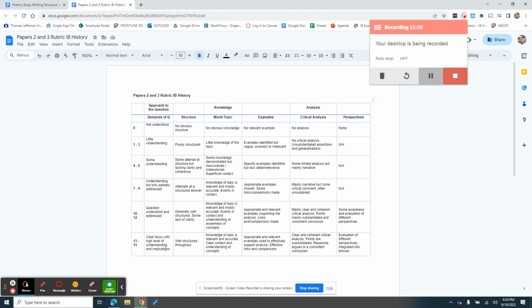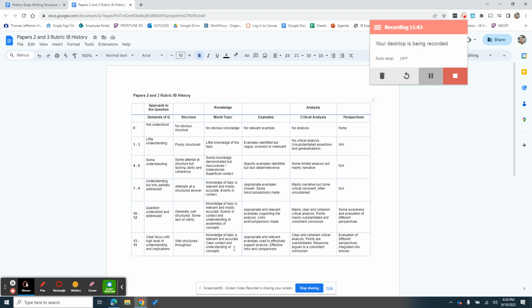Everything is directly focused on the question that has been asked. Structure: very well structured throughout. Topic sentences start each paragraph. Each paragraph stays on that topic. The introduction sets up a thesis and a preview of what those paragraphs are going to be. So there is structure all the way through the entire paper.